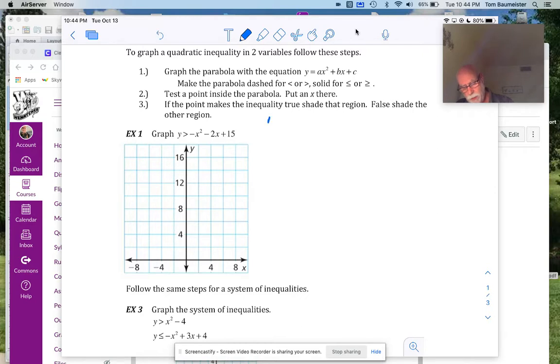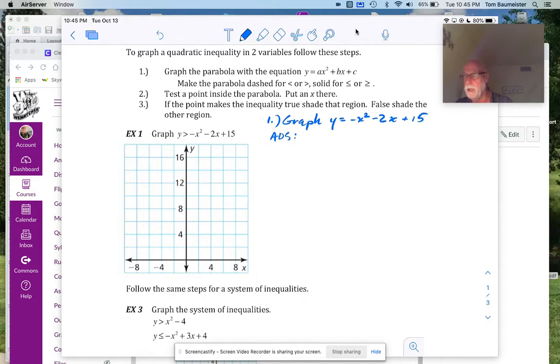So again, step one, it says to graph y equals negative x squared minus 2x plus 15. Since it's in standard form, let's use our axis of symmetry.